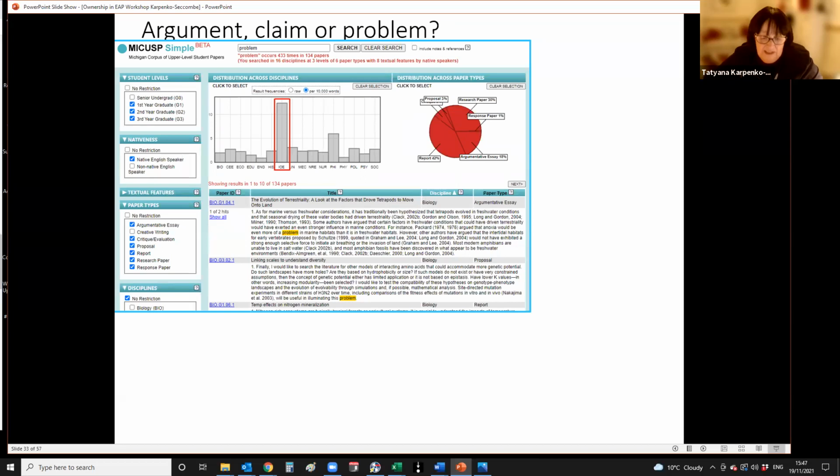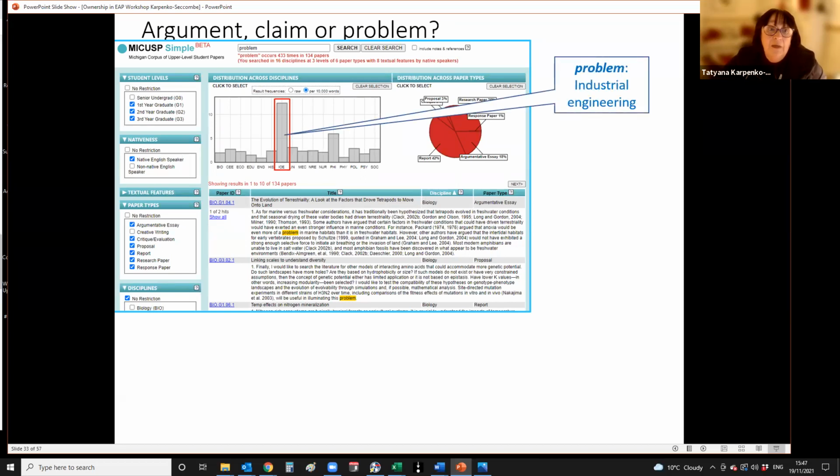and what is interesting, if we search for the word problem in all of these subject areas, discipline areas, I only excluded creative writing, but I include argumentative writing and critiques and research papers and reports.